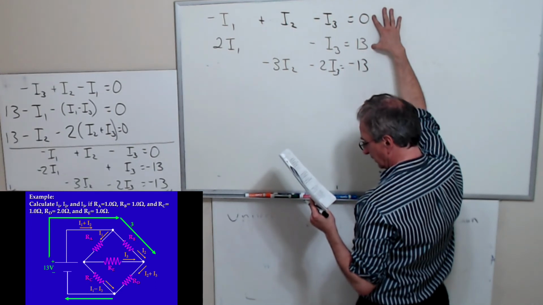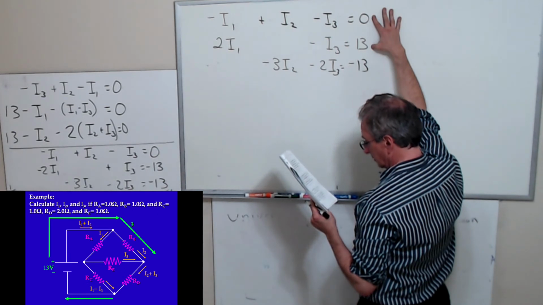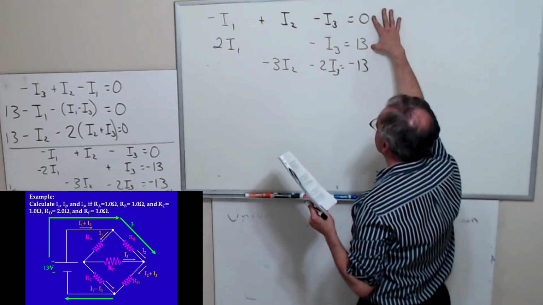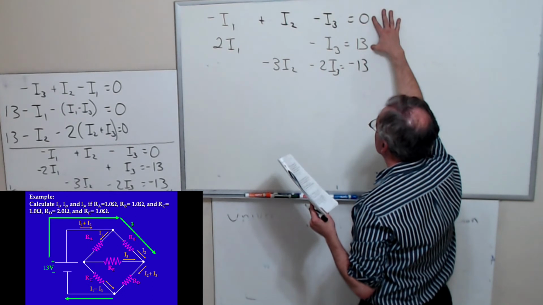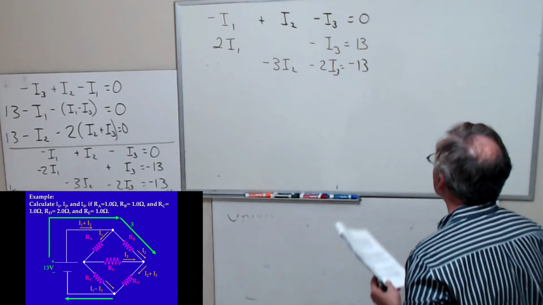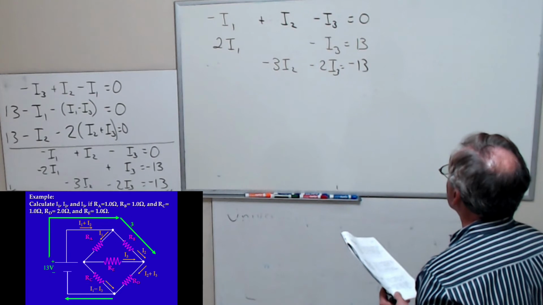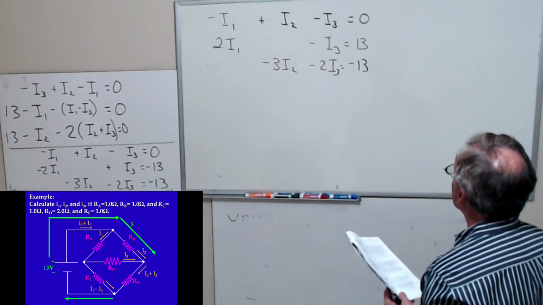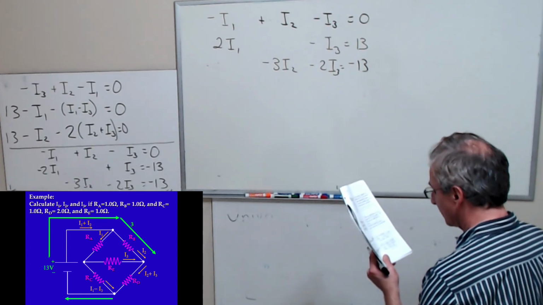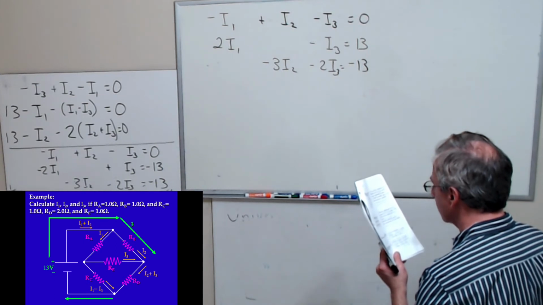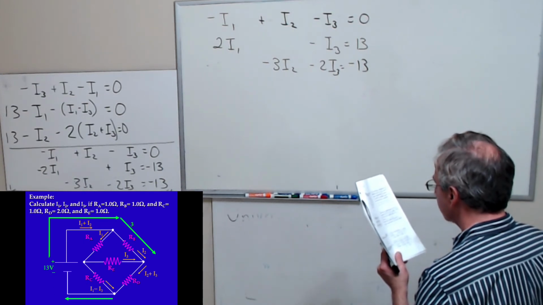Actually, hold on a second. I did something strange here. You want to multiply the second equation by -1 and then add them, right? To cancel the I3. Yeah, I'm sorry. I'm looking at my notes and I screwed something up in my notes. Sorry.